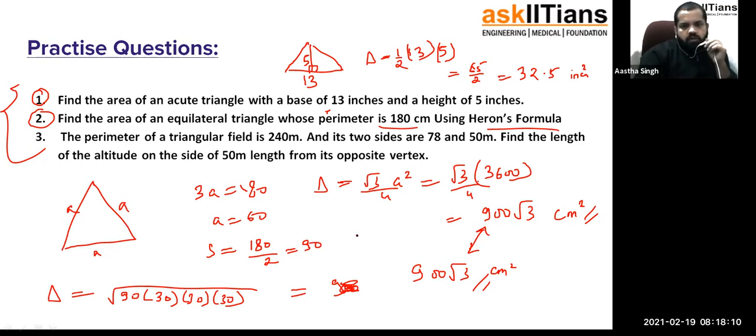Okay, so now let us do your third question. Your third question tells the perimeter of a triangular field is 240. A field is there whose perimeter is given as 240, right? And its two sides are 78 and 50. Find the length of the altitude on the side of 50-meter length from its opposite vertex.